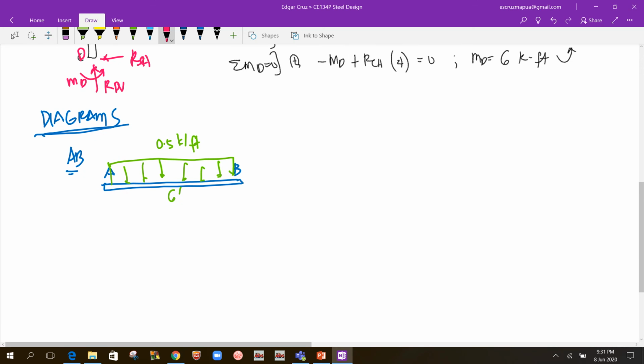So this is the 1.5, then another 1.5, and this is the 8, which is compression. Let us draw the diagram.